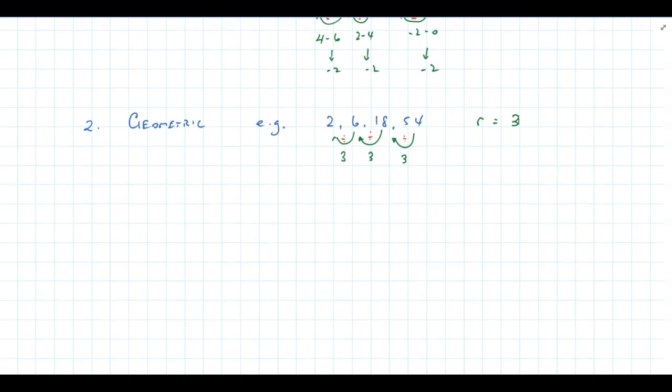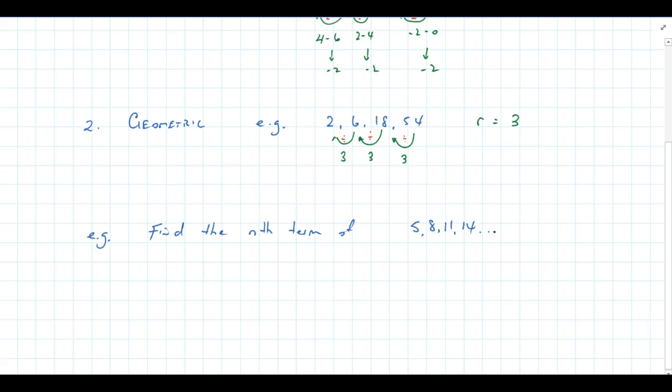So if we have an arithmetic sequence, find the nth term of, let's say we'll just go 5, 8, 11, 14. So we've got a sequence that goes like that.